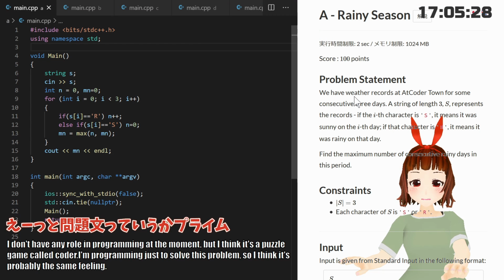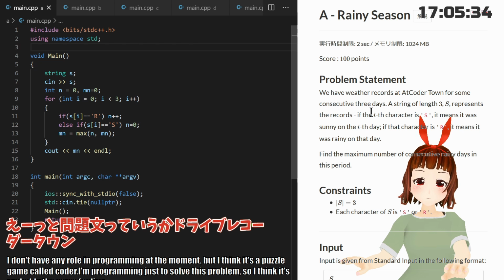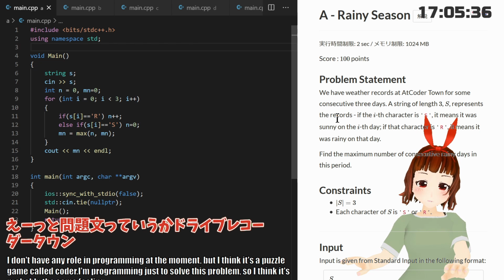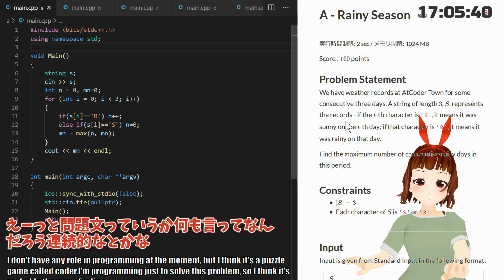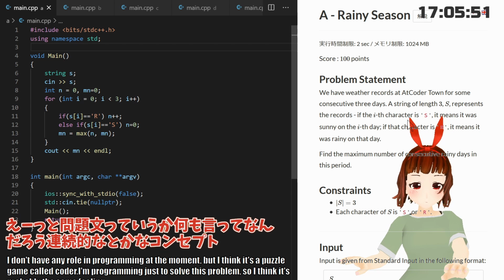Problem statement. We have weather records at AtCoder town for some consecutive... what does consecutive mean? Maybe continuous. Consecutive 3 days. A string of length 3, S, represents the records.